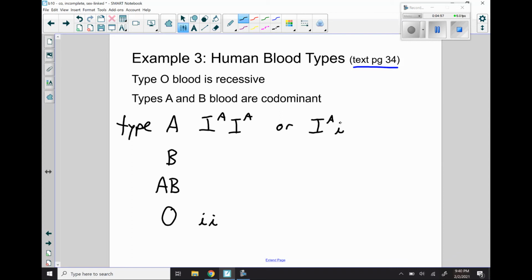And then same thing for type B. I could be homozygous dominant, or I could be heterozygous with the recessive allele. And then finally, type AB blood is the codominant one. It's heterozygous because I need an A and a B, so there's only one way to do that.